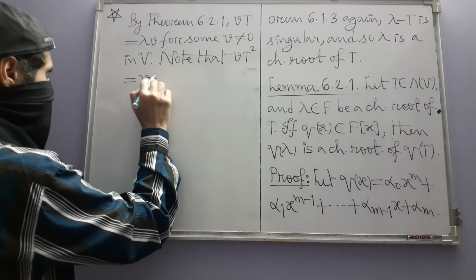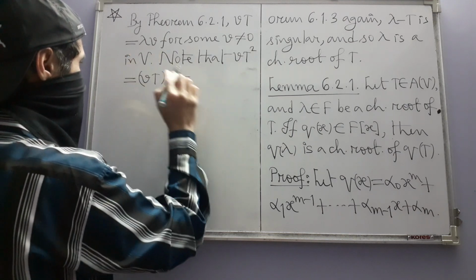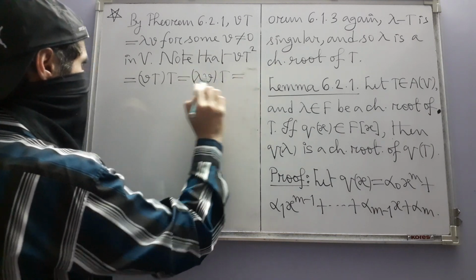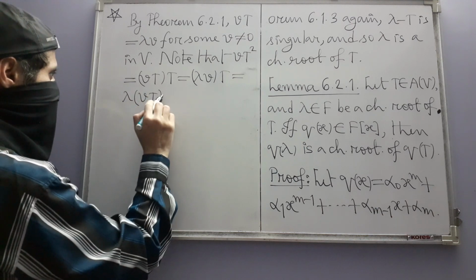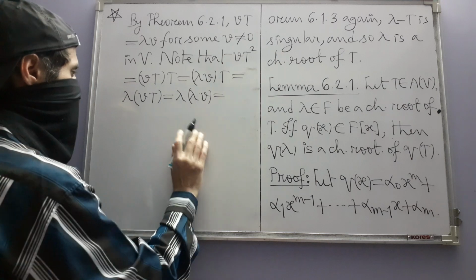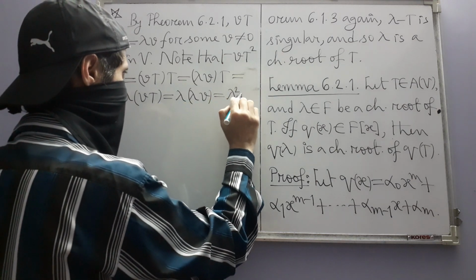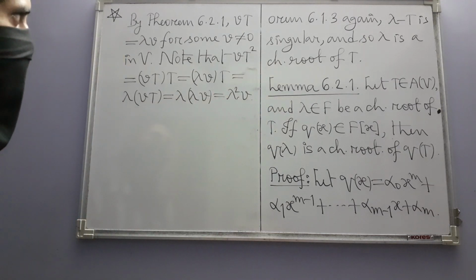vT squared is nothing but vT T, and vT is lambda v, so this is (lambda v)T. Because T is linear, this is lambda times vT, and this is again lambda v, and these two scalars of course come together by one of the vector space axioms, and you get lambda squared v.